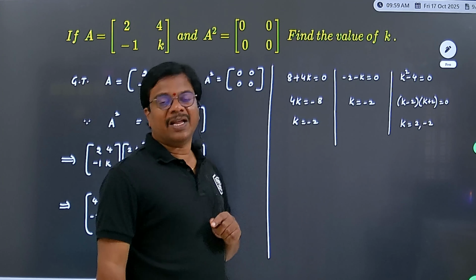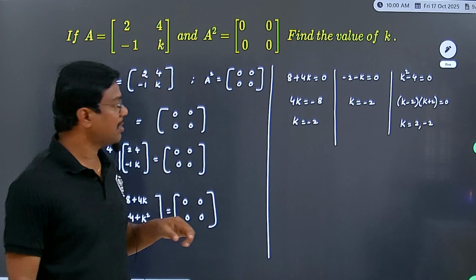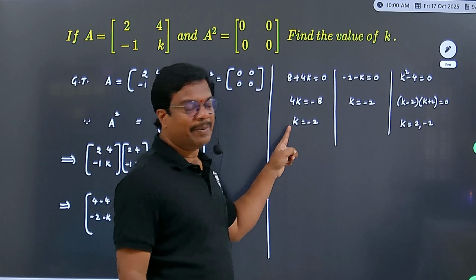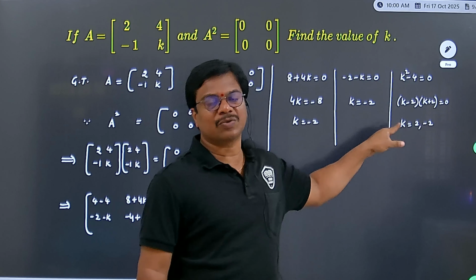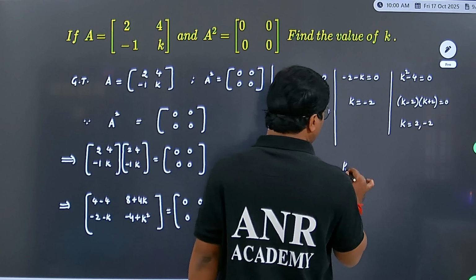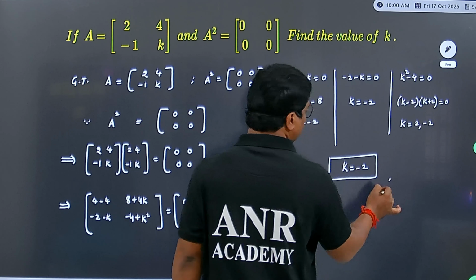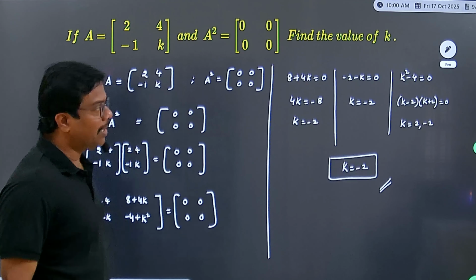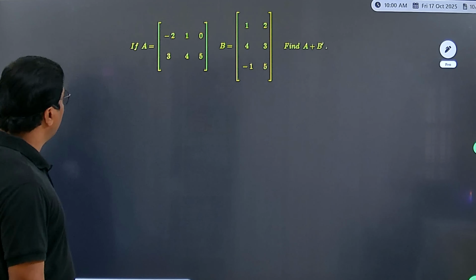The common value of K from all the three, you have to write as the answer. Here you have only minus 2, there only minus 2, but here you have plus 2 and minus 2, but the common value of K is your answer. Therefore, K equal to minus 2. Very, very important question, many times asked in the public examination.